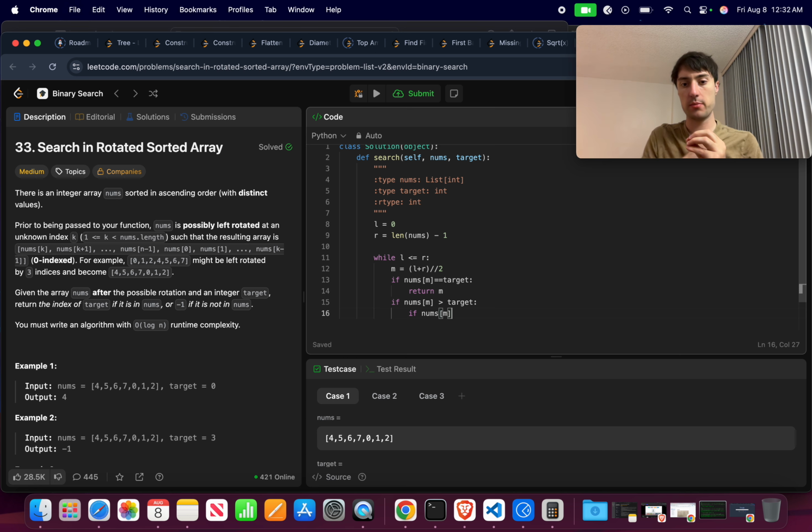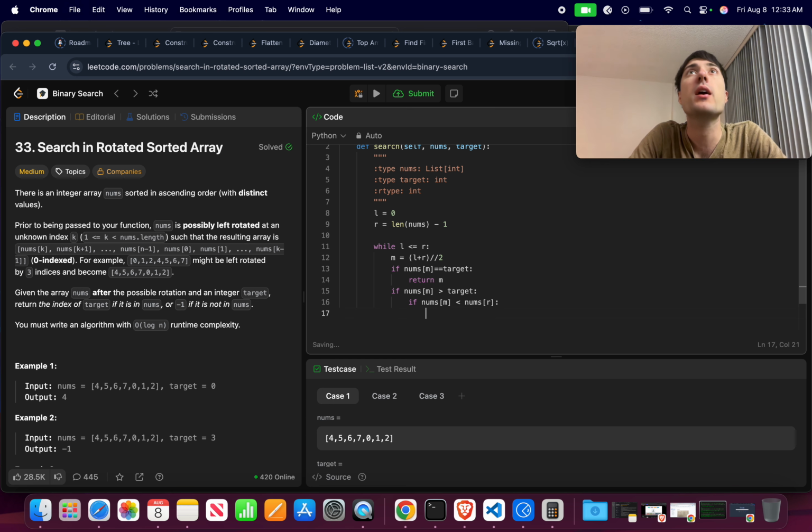So if nums of m is smaller than nums of right, my ending, then that indicates that it's just a straight line up. If this is true, then I want to change my right to be equal to mid minus 1. Here's my mid, here's my starting.